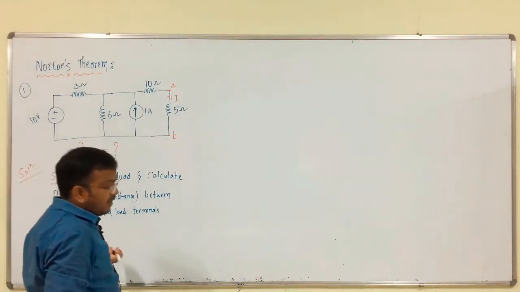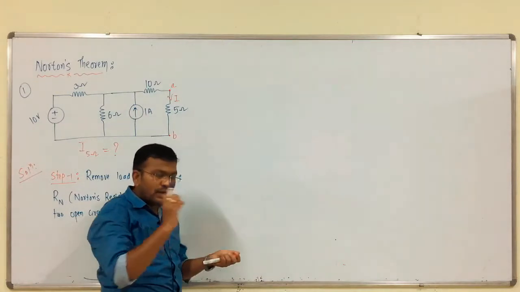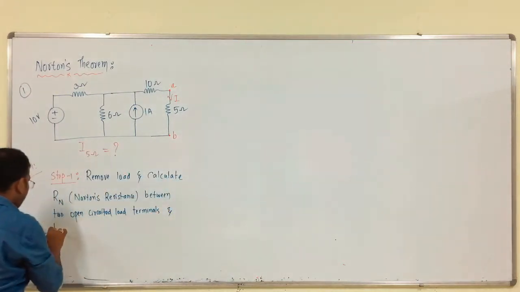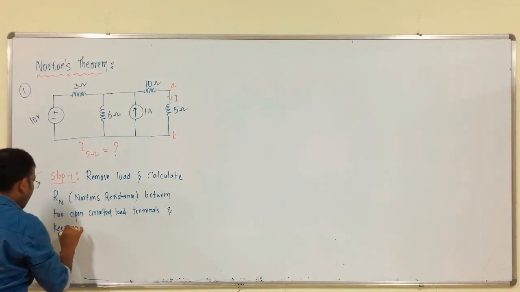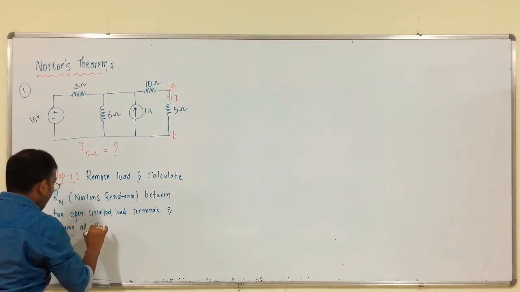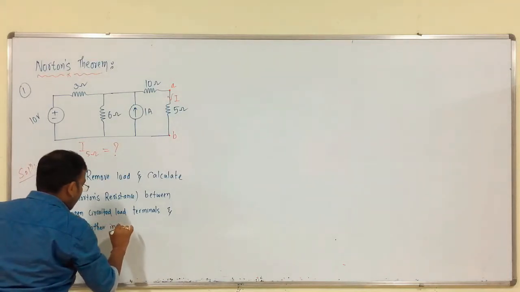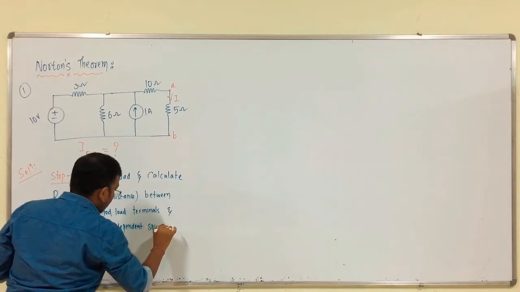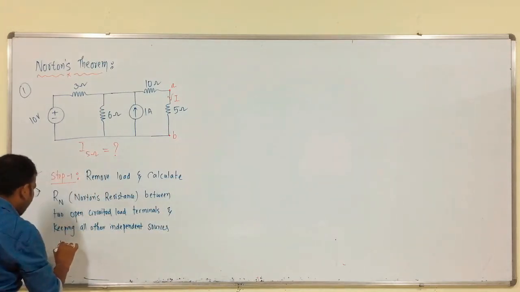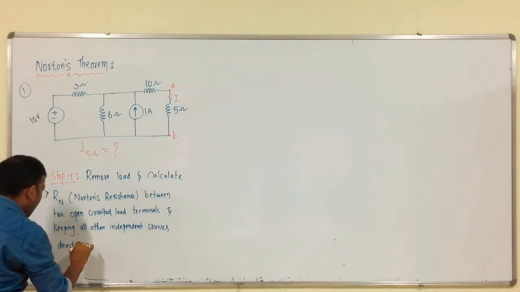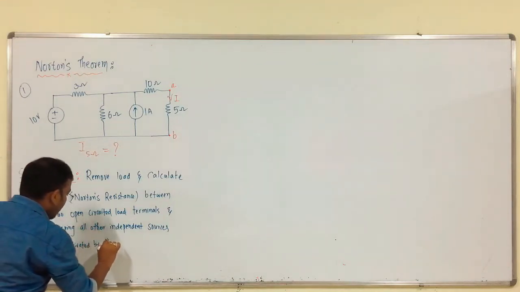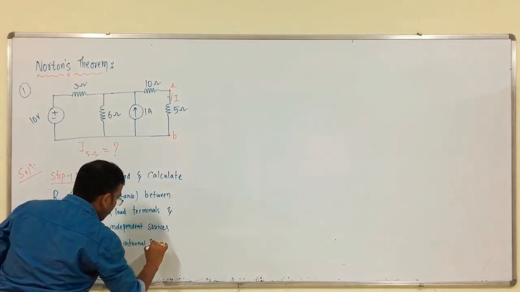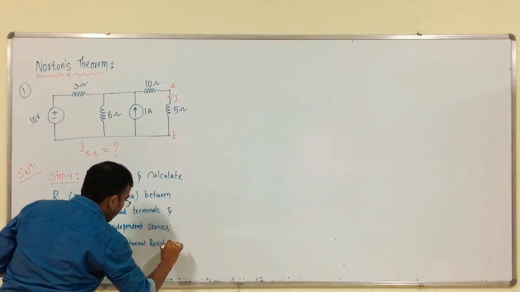So, to calculate RTH, what we have to do? We have to remove that load branch and keep all other independent sources deactivated, right, deactivated by their internal resistance.